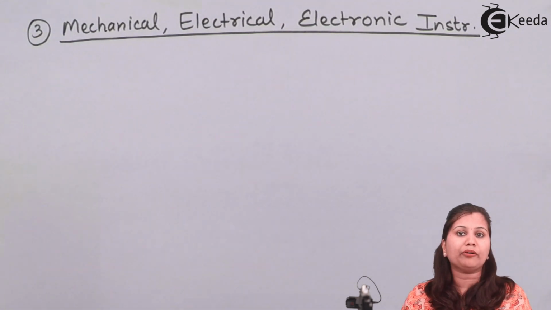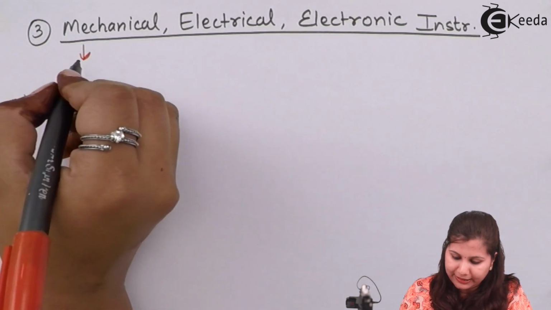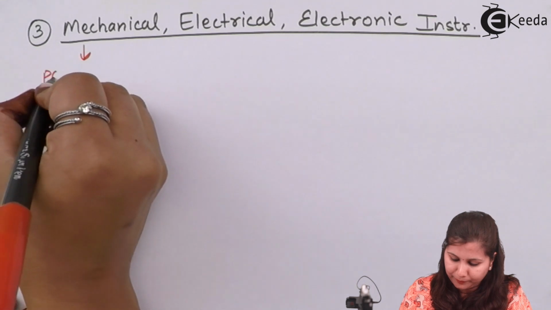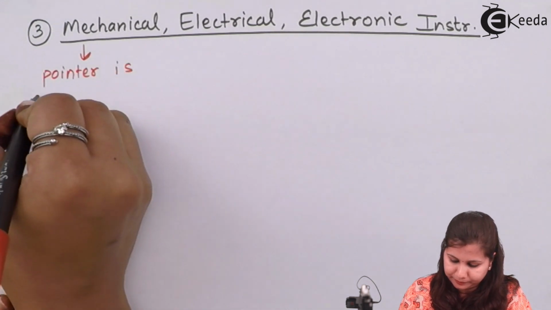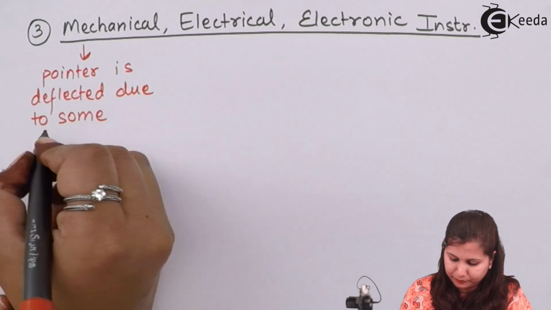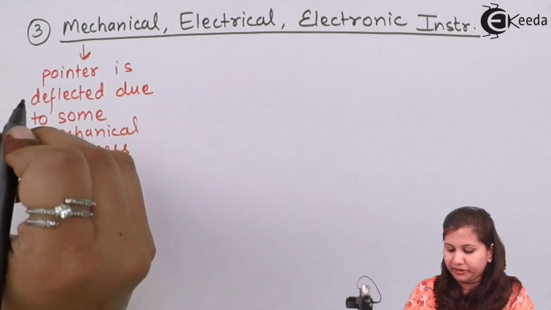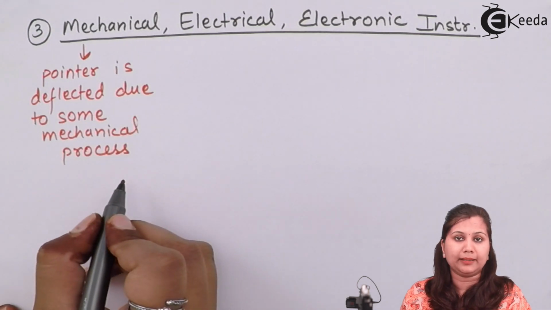That is a type of mechanical instrument. So we can say that in mechanical instruments, the pointer is deflected due to some mechanical process.